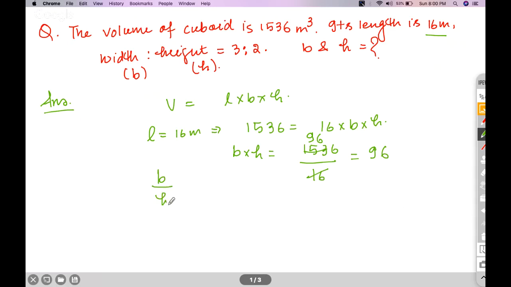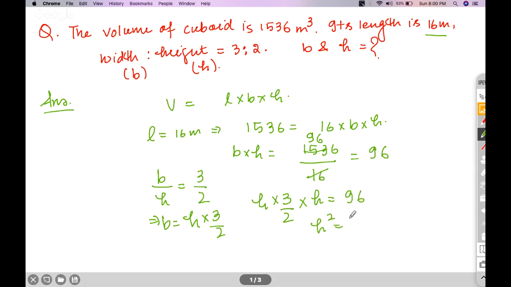Now B by H is equal to 3 by 2. So what it gives me is that B is equal to H into 3 by 2. I replace B here, so H into 3 by 2 multiplied by this H gives me 96.